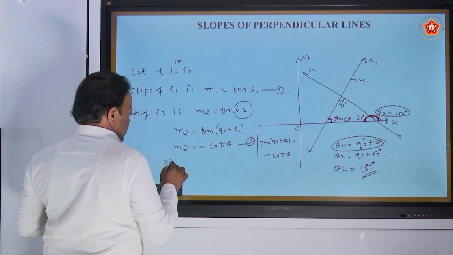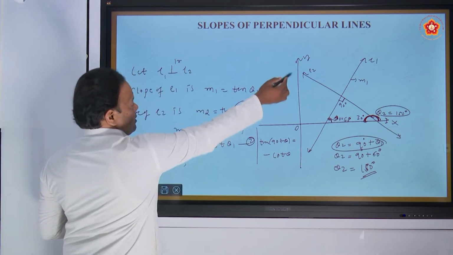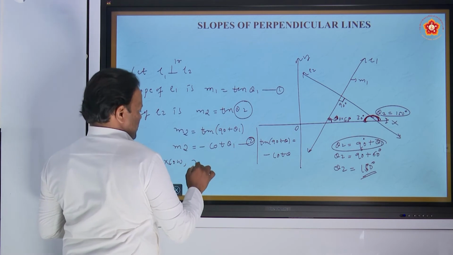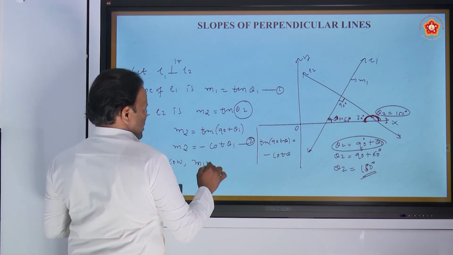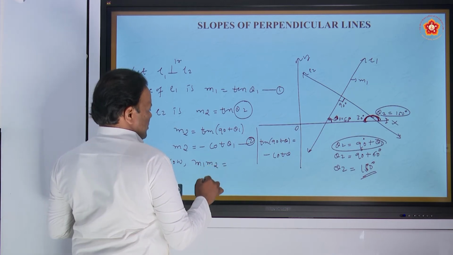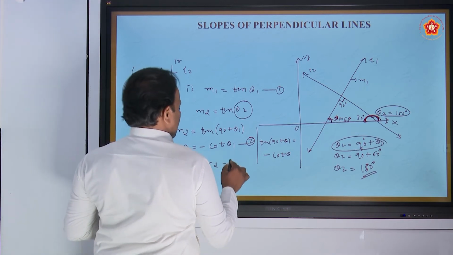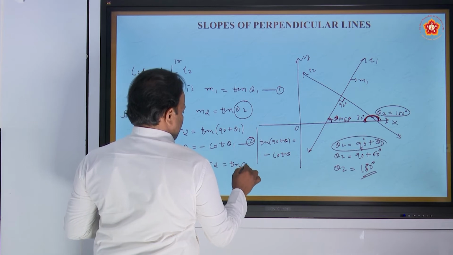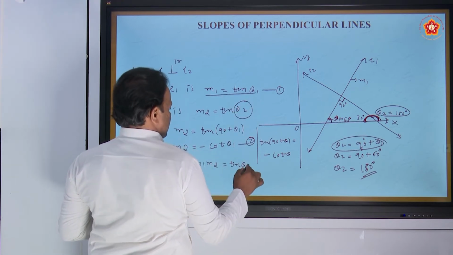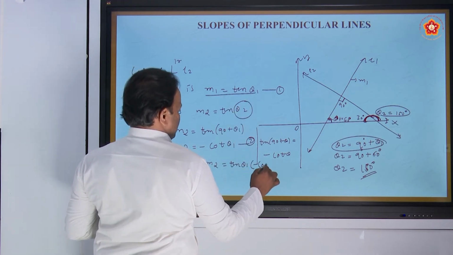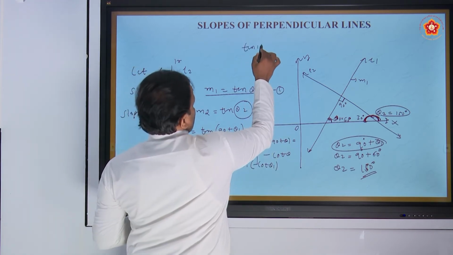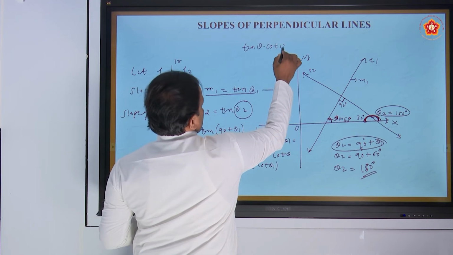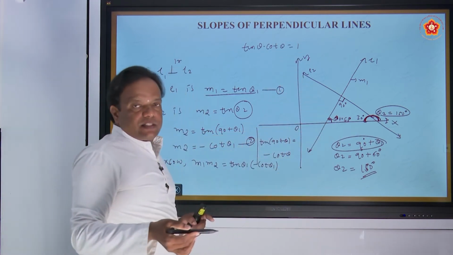Now, from 1, tan theta 1 is m1, and from 2, we have m2. Now what is the value of m1 into m2? M1 is nothing but tan theta 1, and m2 is nothing but minus cot theta 1. We know that tan theta into cot theta is equal to 1, because tan and cot are reciprocals of each other.